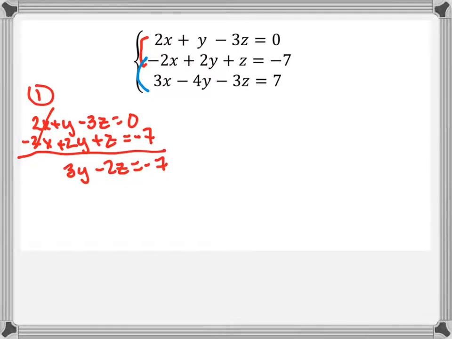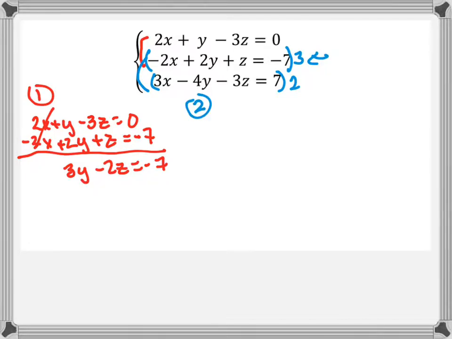And then I am going to take my second and third equation, and I am choosing to multiply my first equation by 3 and my second equation by 2 in order to eliminate my x's. And I had to eliminate the same variable that I did in the first two equations.